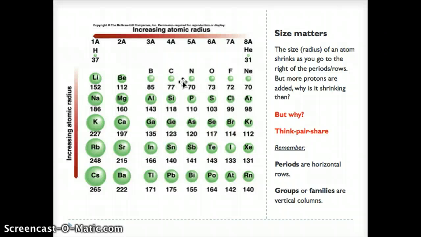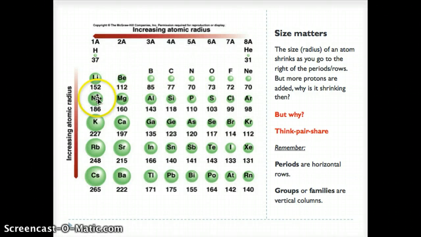As you add more positive charge in the nucleus, it's going to attract the electrons even more. It's going to pull on the electrons towards itself, shrinking the atom. Okay, it shrinks the atom. As there's more positive charge in the middle, it pulls on the negative charged electrons because opposites attract. It brings them in and it causes the atom to shrink.